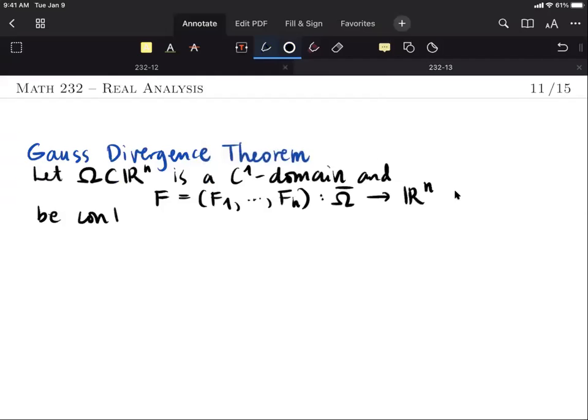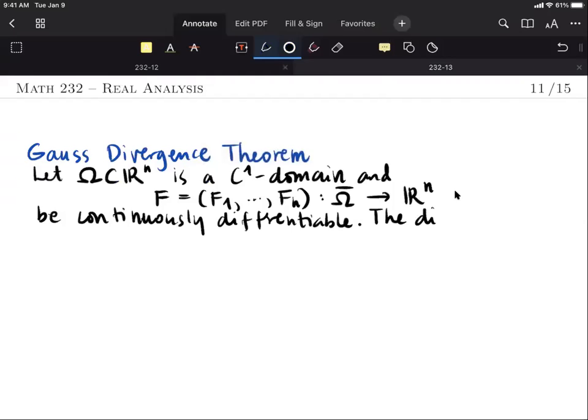And suppose that this is continuously differentiable. So in other words, the component functions or the coordinate functions F1 to Fn are continuously differentiable, real valued functions.